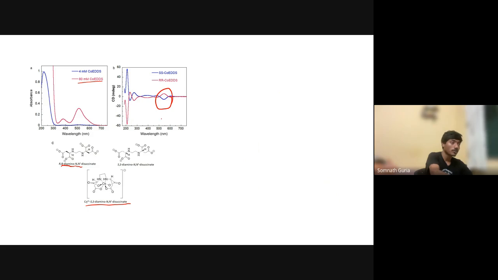So we can tell that one is forming the SS diamino disuccinate with cobalt(III), and the other is the RR diamino succinate in the solution phase.